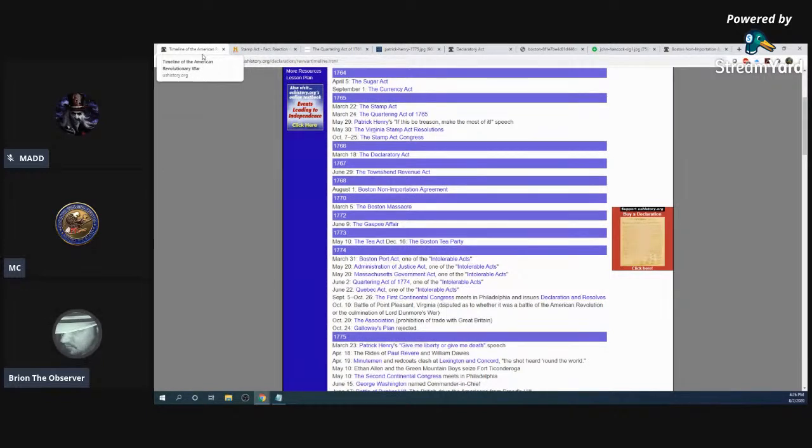What they were doing with the Stamp Act was a sales tax or an import tax, I should say. Yeah, but you were importing them from Great Britain. We're going to tax you on what we're giving you. Yeah, it's like, wait a minute, we're an extension of your own country.